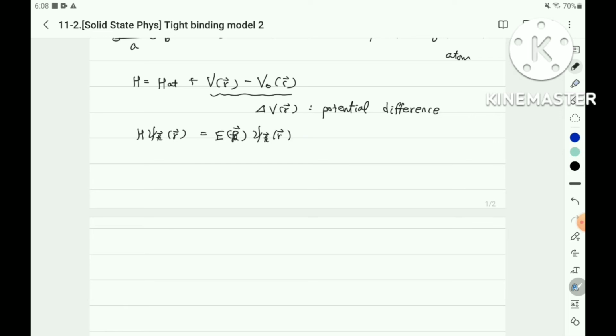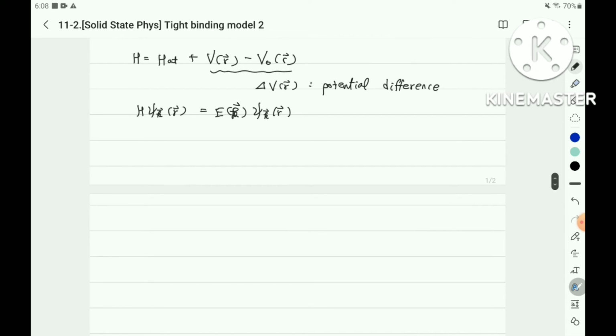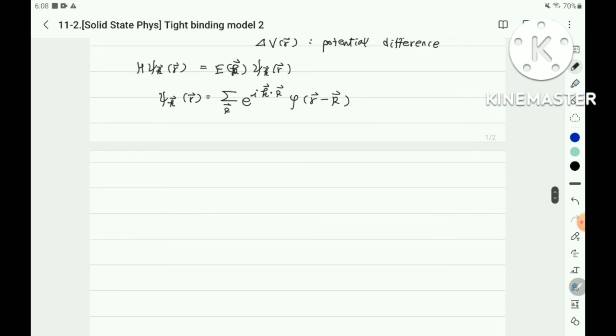It is an eigenvalue problem, and the wave function should follow the Bloch theorem, a summation over the Bravais lattice of exponential i k dot R and phi(r minus R). Here phi is the summation of the atomic wave functions.